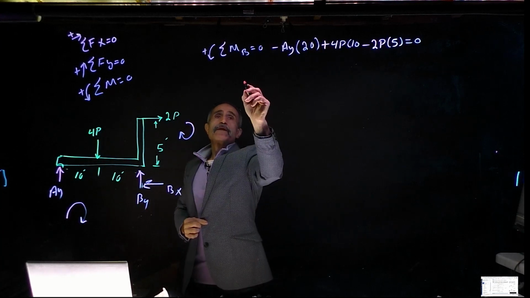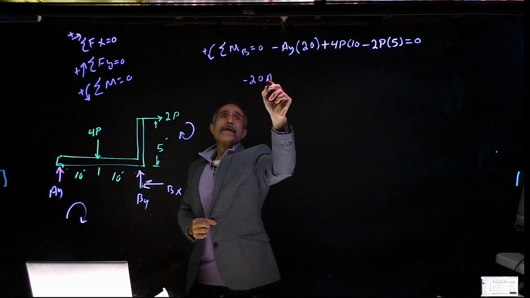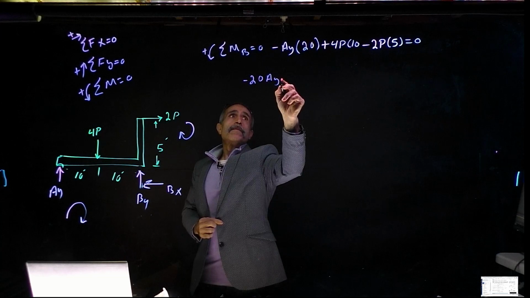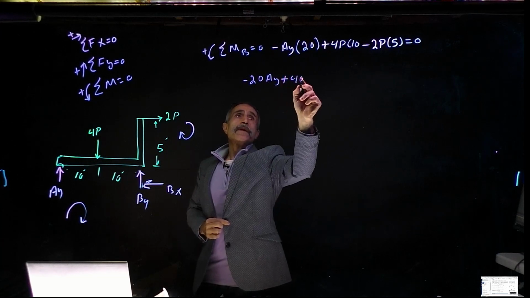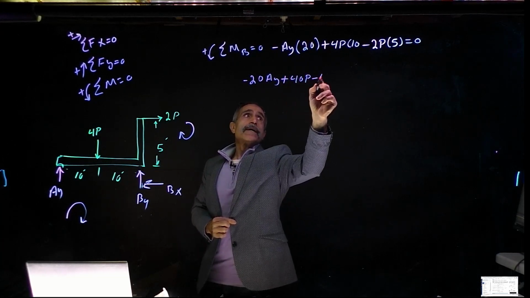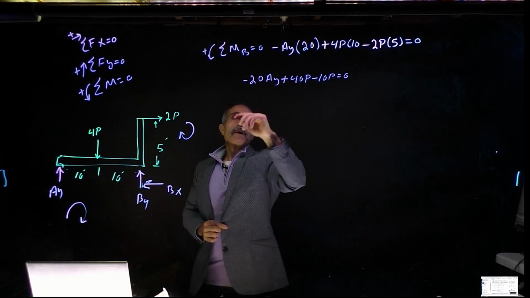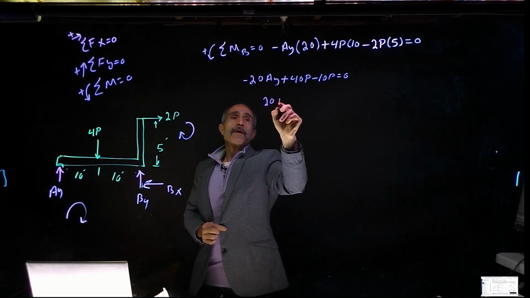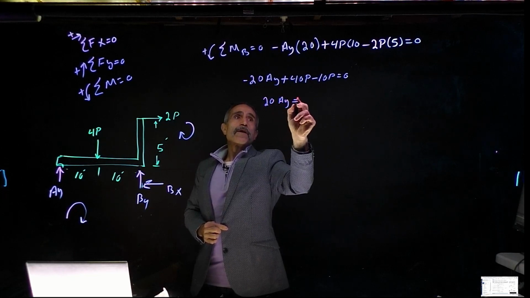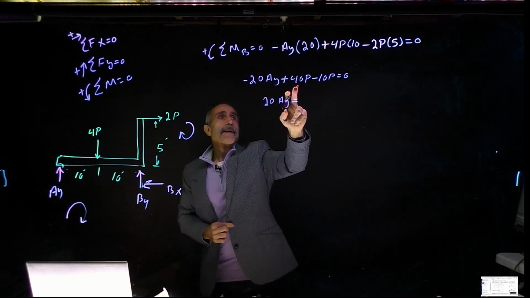So I'm going to have minus 20 AY plus 40p minus 10p is equal to 0. And I'm going to put AY on the other side, so it will become 20 AY equal to 30p.